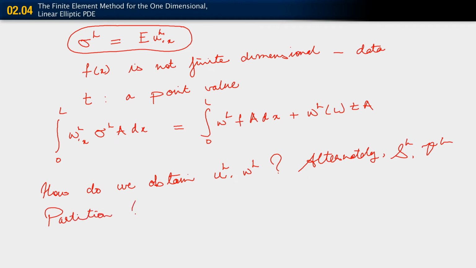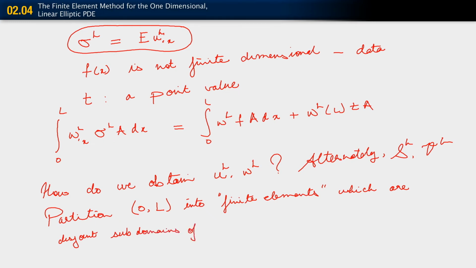What we do is partition 0, comma L into finite elements, which are disjoint subdomains of 0, comma L. All right.